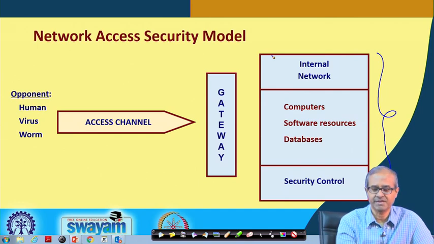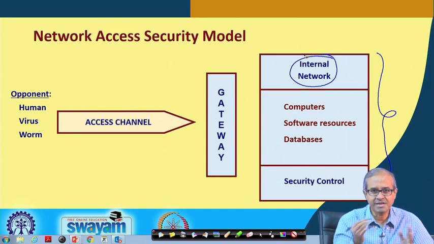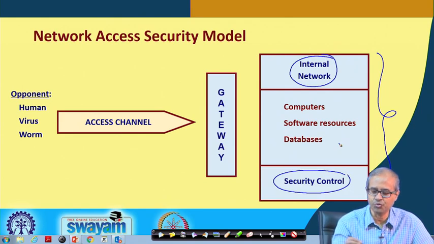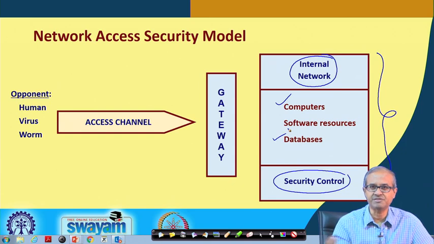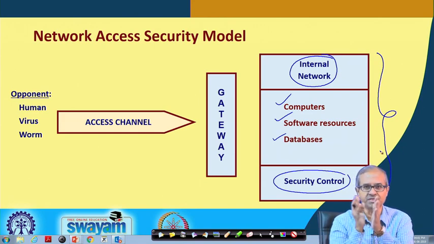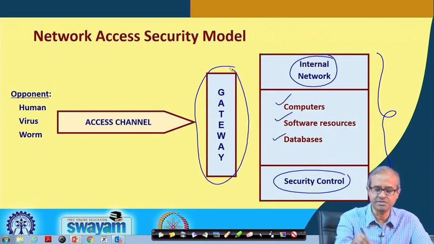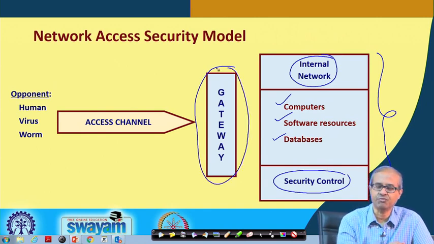You will have some internal network with some security policies, and inside the network there will be several computers, databases, lots of data stored somewhere, and also a lot of software packages and other things available. Normally you secure your internal network by using some routers, some firewalls and so on. Let us say I have some gateways here which are protecting my network from the outside world.